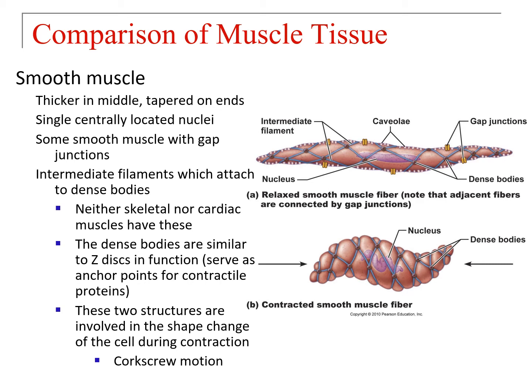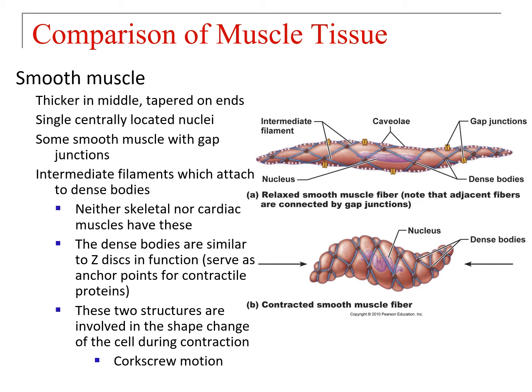And you've also got dense bodies, which you can see are at the intersection of the intermediate filaments. And so the dense bodies, in terms of their function, act very much like Z discs. So they're anchor points for these contractile proteins. Now, when myosin moves actin towards itself, it's going to tug on these dense bodies.